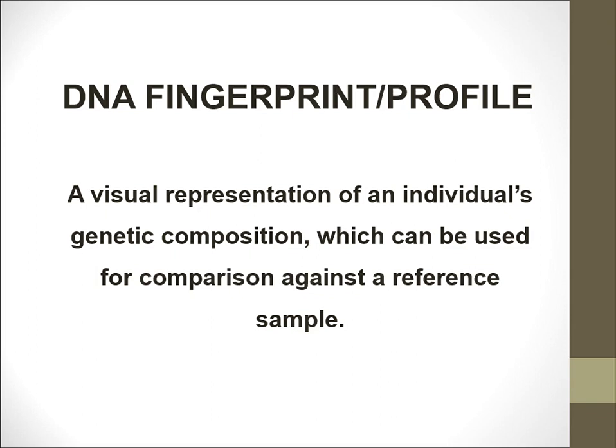A DNA fingerprint or profile is a visual representation of an individual's genetic composition, a picture to see what they are, which can be used for comparison against a reference sample. So yes, DNA fingerprinting and DNA profiling is something that we can use in forensic investigations, in criminal investigations.